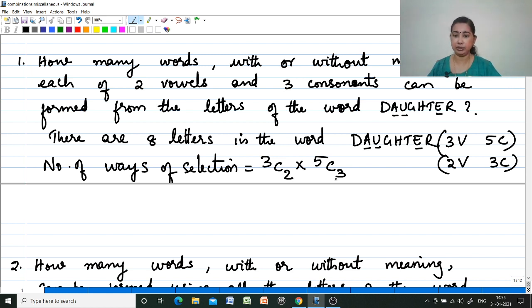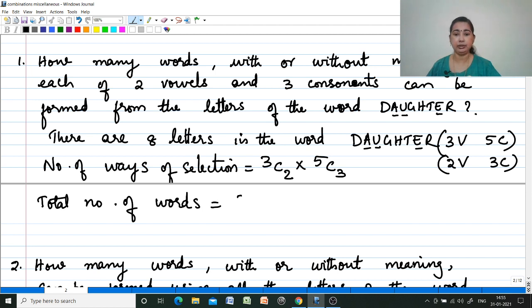So, we have selected 2 vowels and 3 consonants. Now we have to arrange them, to make different words with or without meaning. How many different words can we make? The total number of words is equal to 3C2 into 5C3 into, now we have already selected 5 letters.